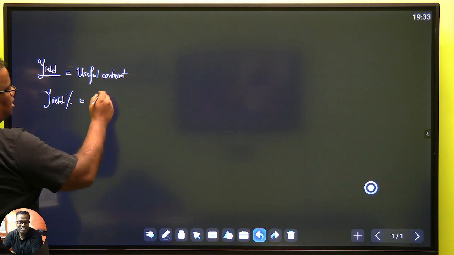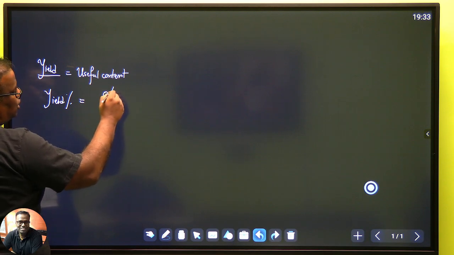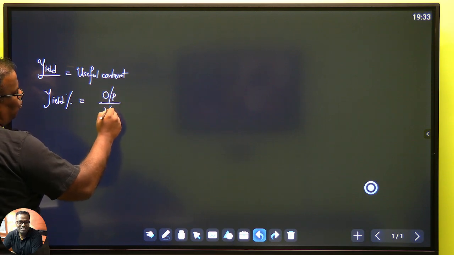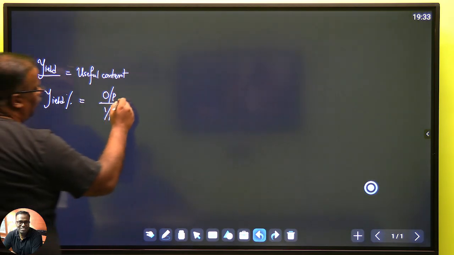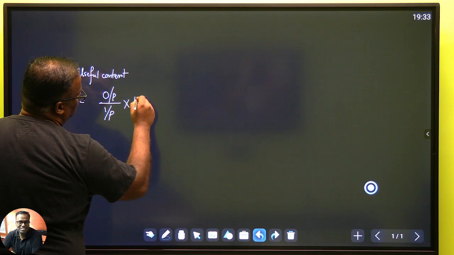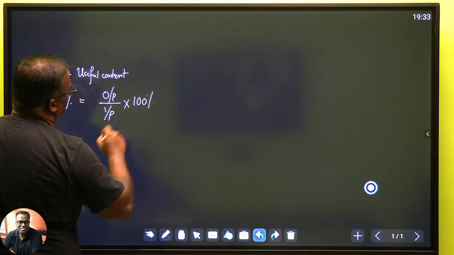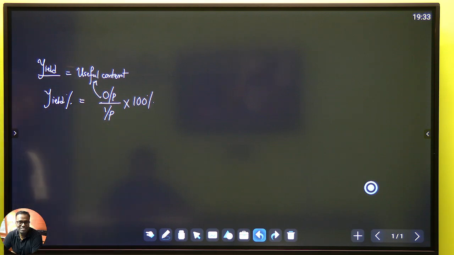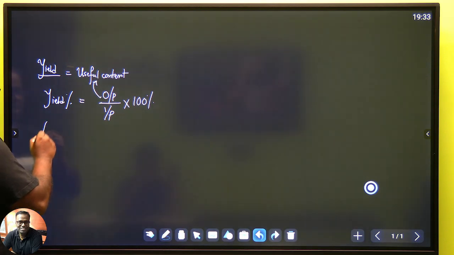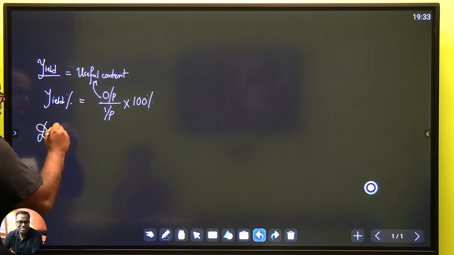Yield percent tells you nothing but how much output you are going to get over an input, है ना. Yield percent आपको देता है output over input into 100%, as simple as that. And this output is basically the useful content that you are trying to get, right? Let's say we have a can of deo spray, deodorant.